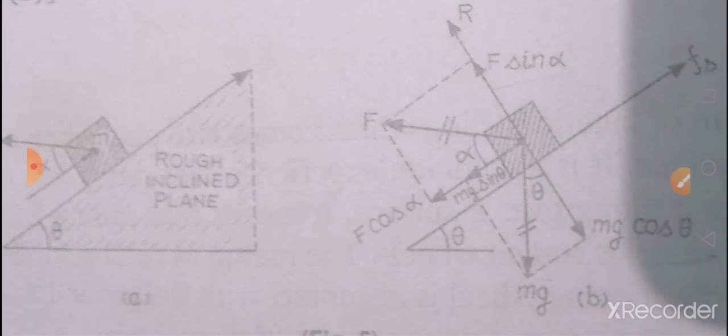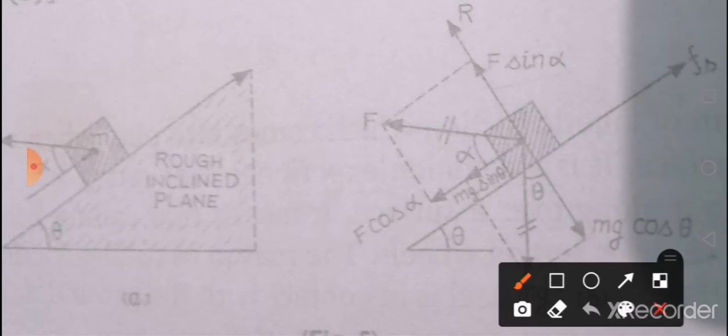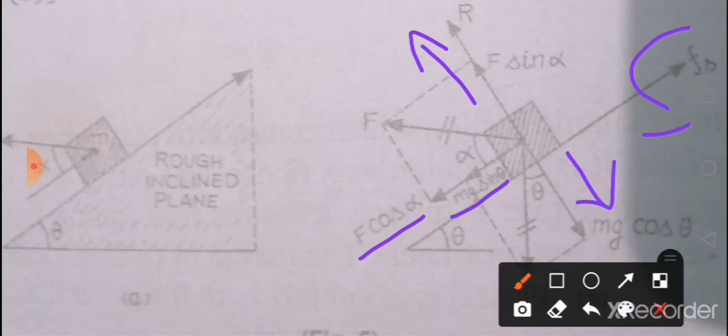Now let us start writing the equations. For the first one, F sin alpha and R are both in the same direction, so adding both will give you mg cos theta. For the second equation, you have F cos alpha and mg sin theta, which will be equal to Fs.